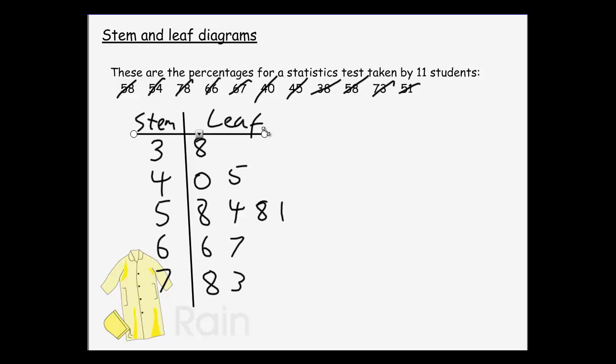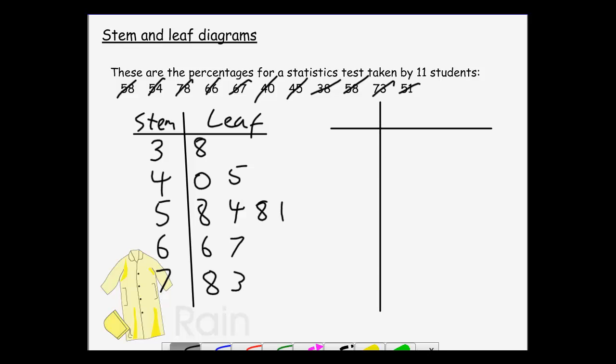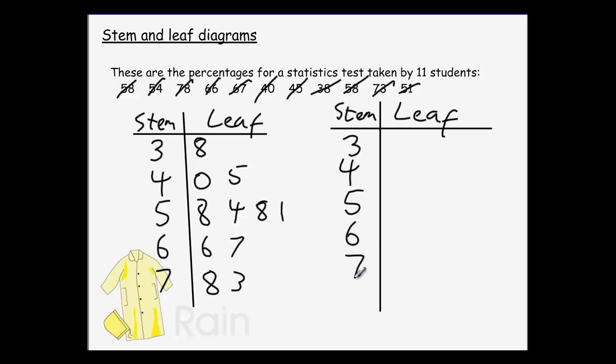So what we need to do now is to try and order that data. So this was our rough stem and leaf diagram. We're now going to do a neat one over here. So same basic layout. We once again have our stem and our leaves, and the same numbers in the stem, but this time we're going to make sure that the numbers are in order, working from smallest to biggest.